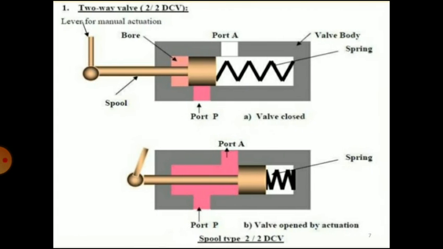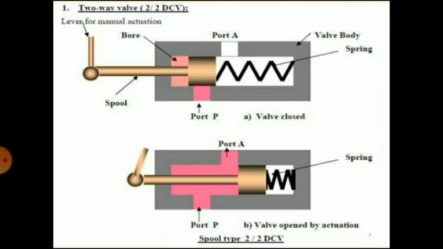So you can see the spool valve. Port P is connected to the pump. Then port A is connected to the application area. This is a valve body and it is bored, and there is a lever for manual operation. For actuation of the valve, you have to move the lever manually.